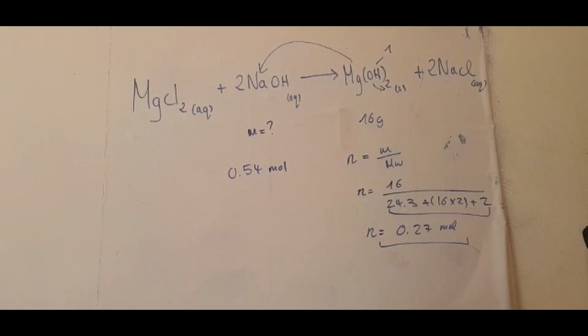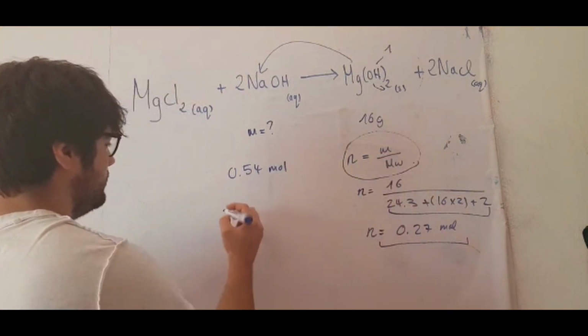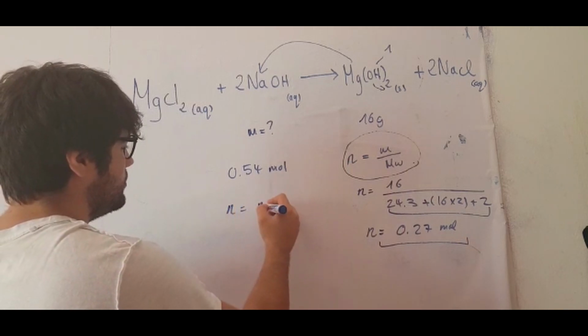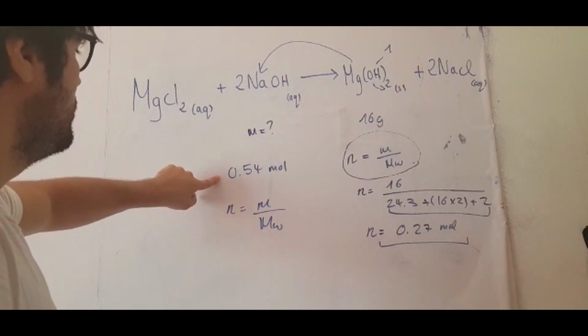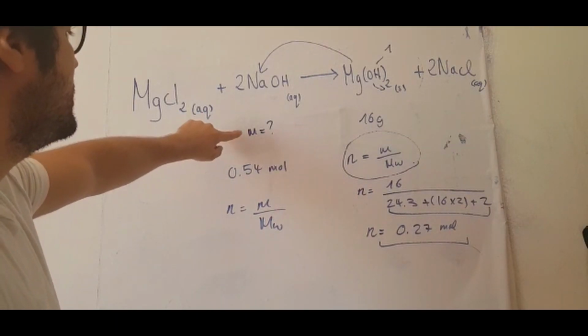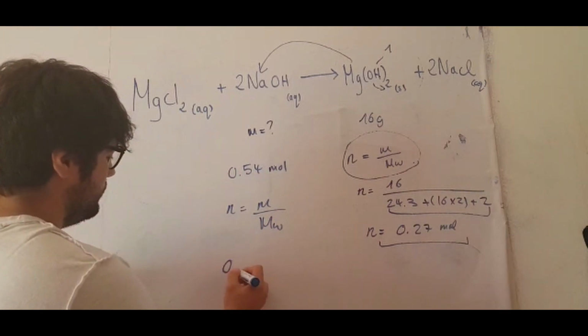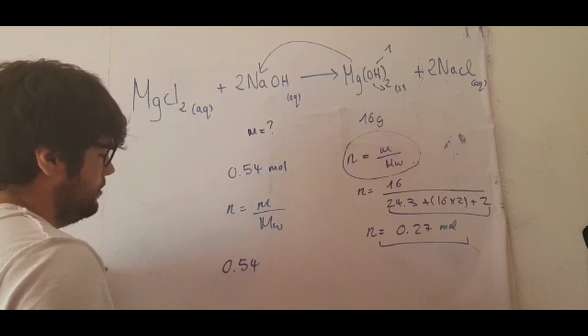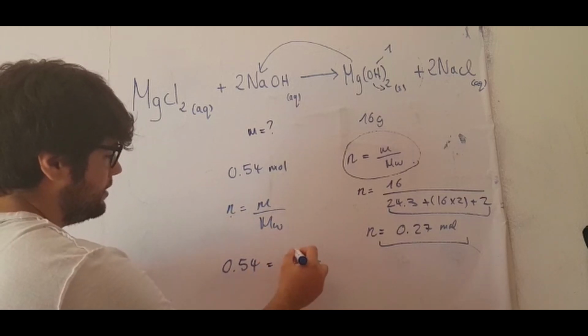And now it's easy. So we use this formula again. Number of moles equals mass divided by molecular weight. We want to find out the mass, but we've got the moles, so we plug them in. Moles. We don't know the mass.